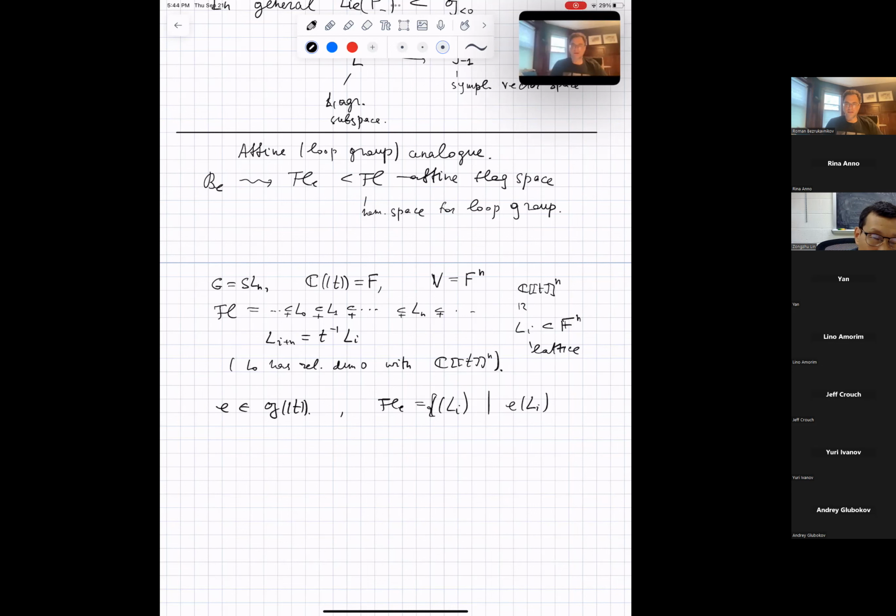So if I define B that way, it will be empty for non-nilpotent elements. Then full E is going to be empty unless E is what's called topologically nilpotent.